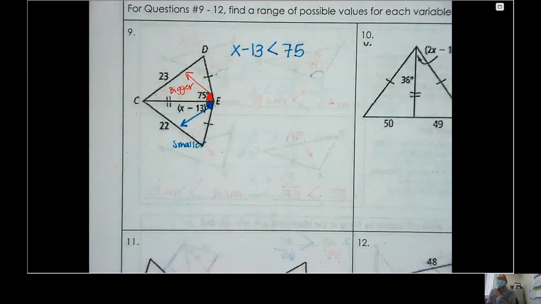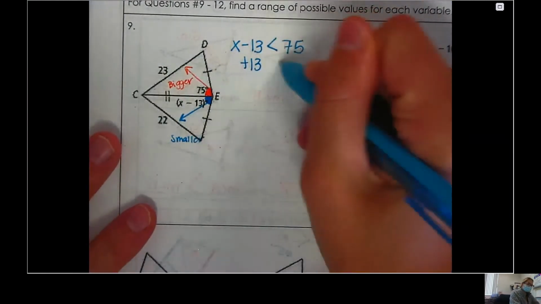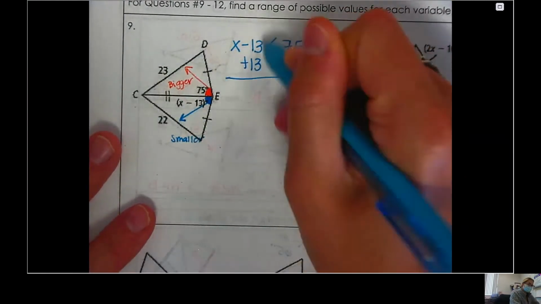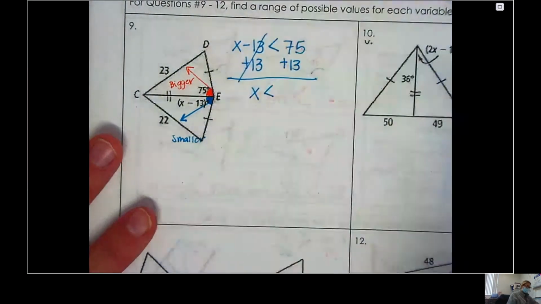So my x minus 13 has to be smaller than 75 because it's a smaller triangle. Now, I'm going to solve this like I would a normal algebra problem. Pretend that's an equal sign. What would I have to do first to get the x by itself? I would just add 13. So I get x is less than what?